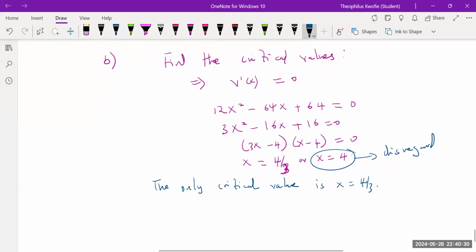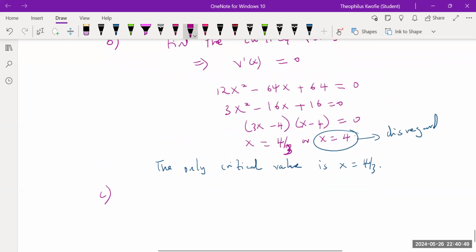Is that okay? Now, since we have exactly one critical value, we are going to use principle 2, right? We only use principle 2 when we have only one critical value within an open interval. Is it okay? Very good. So let's take note of that.